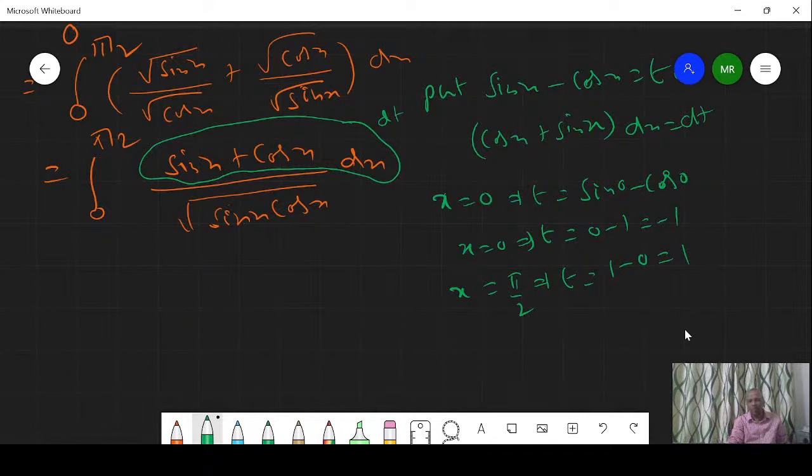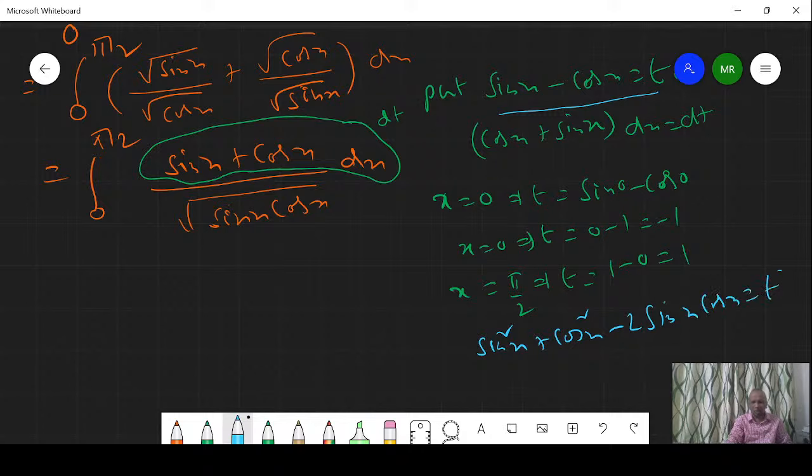At the same time, what about sin x cos x? Take the expression sin x minus cos x equal to t and square both sides. Sin square x plus cos square x minus 2 sin x cos x is equal to t square. Since sin square x plus cos square x is 1, we get 1 minus 2 sin x cos x equal to t square.